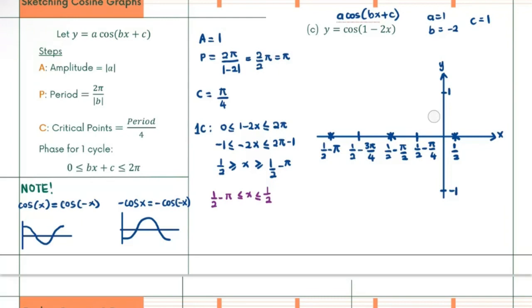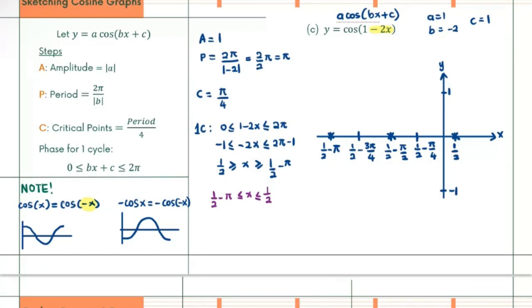So bila graf kita adalah graf cosine, mana tadi saya tunjuk? Okay. Cos of negative x. So cos of negative x adalah this one. So dia akan jadi shape yang sama. Kita akan start daripada atas. Okay, so dekat sini amplitude kita 1.